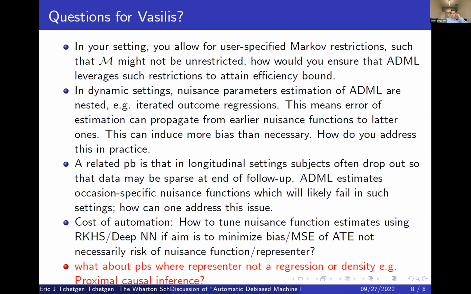I think it's even an exponential blow up in the time periods. You will get rates that look like 2 to the m over epsilon squared or something. So if m is not a constant, the horizon of the time series, it's an open question how you do automatic debiased machine learning that's horizon free.